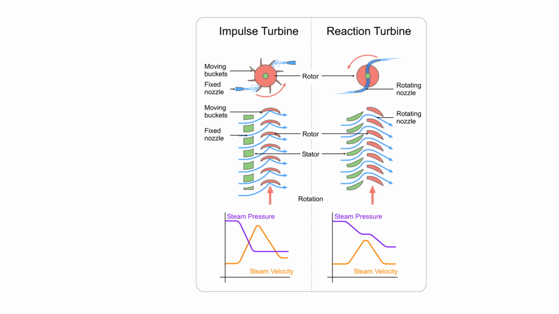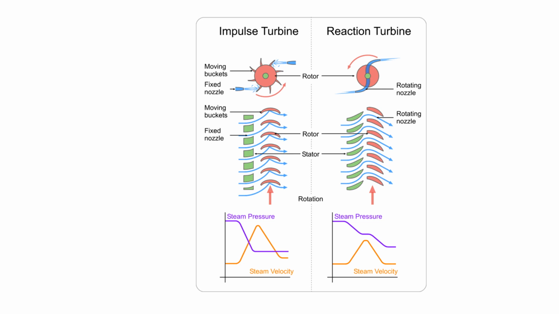So this is a simplified diagram of impulse and reaction turbine. If you look at the diagram, you can easily understand the difference between impulse and reaction turbine. Here we have the moving buckets, fixed nozzle and the rotor. Rotor is the important component. Over the rotor only the blades have been fitted.